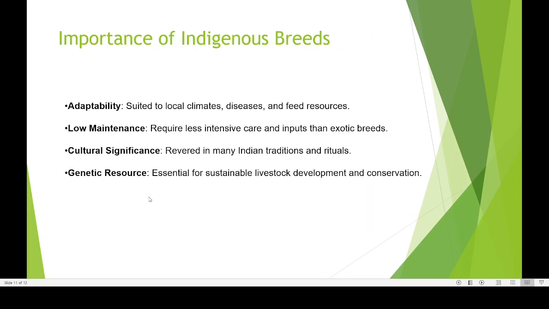Then about the importance of indigenous breeds, one is adaptability. Since they are from India, they are quite adaptable to diseases and the local climate. Then they do not need high maintenance cost. Then cultural significance, because the cow is worshipped in many parts of India, because the cow gives everything for the family.